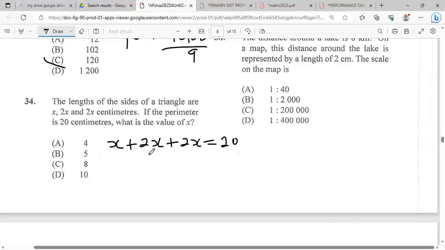All of these are like terms, so we add them and we get 5x. Then we divide by 5. So x is equal to 4. So the value of x is 4 to make that equation true.